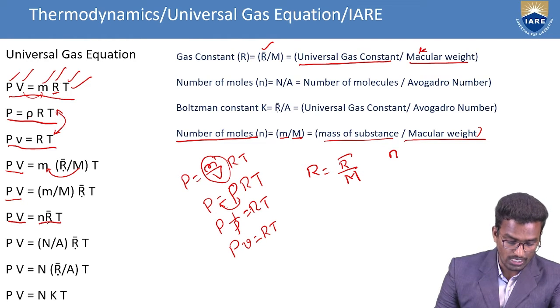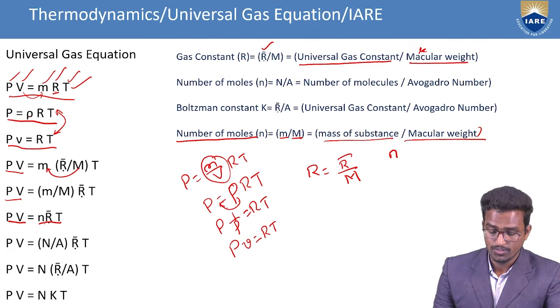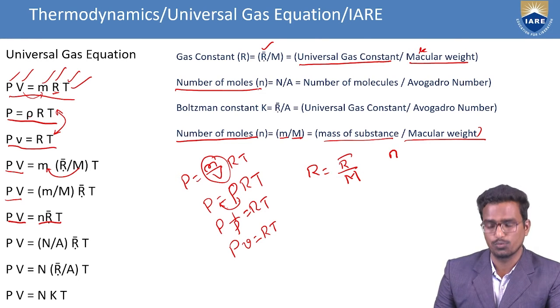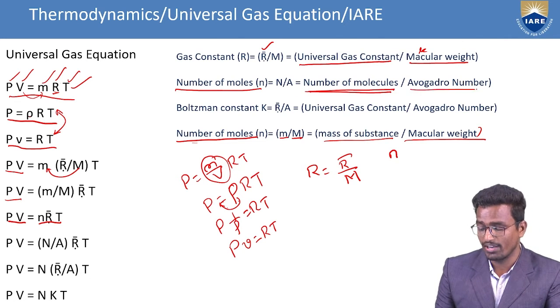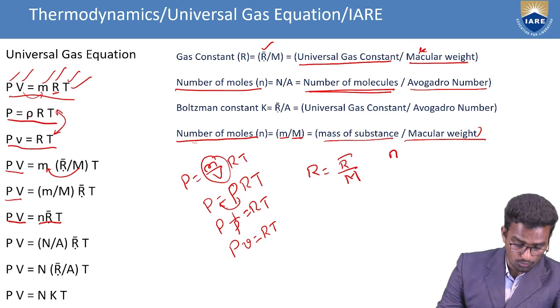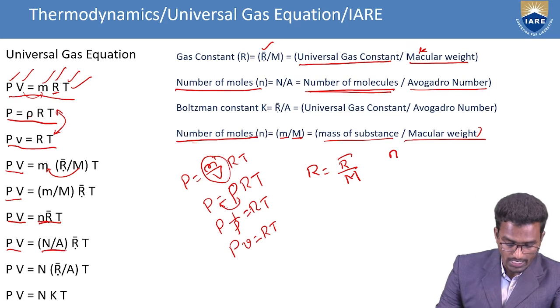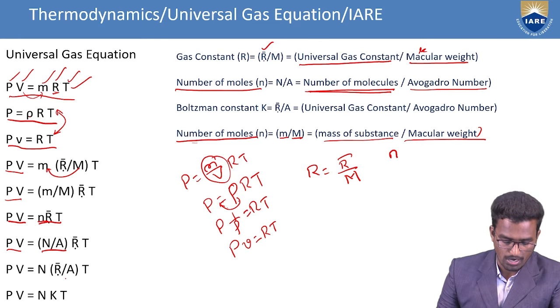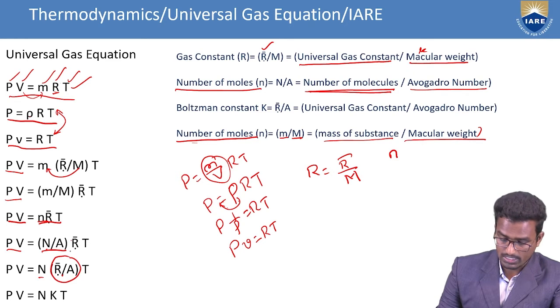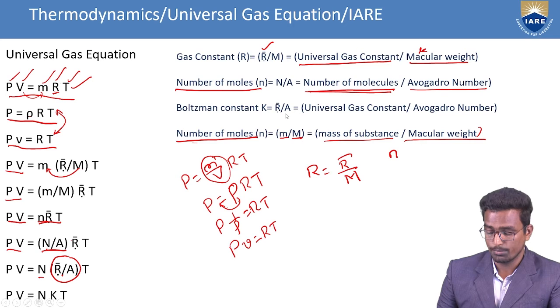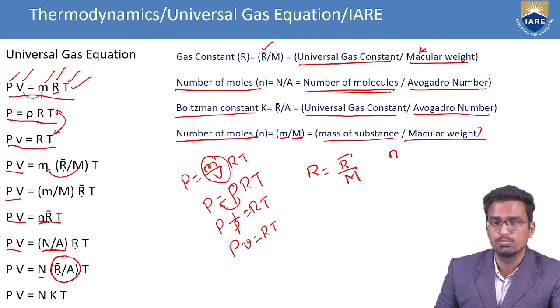The number of moles can also be written as the number of molecules divided by Avogadro number. So PV = (N/A) R bar T. R bar by A, the universal gas constant divided by Avogadro number, is called the Boltzmann constant.